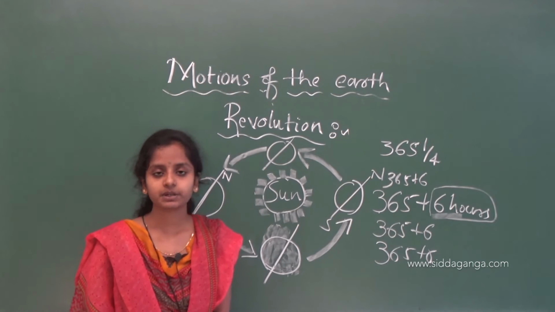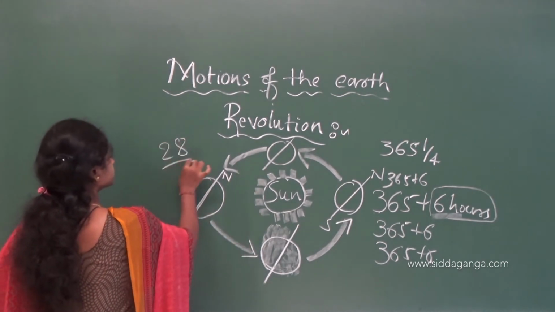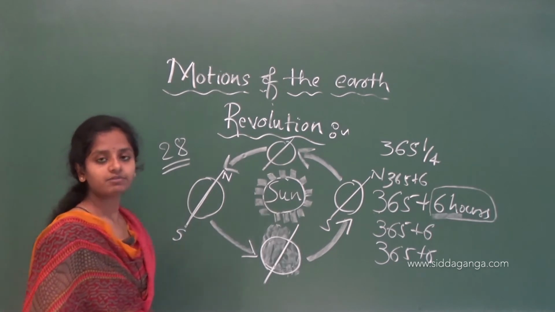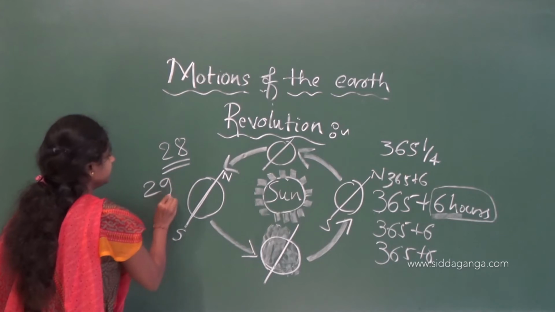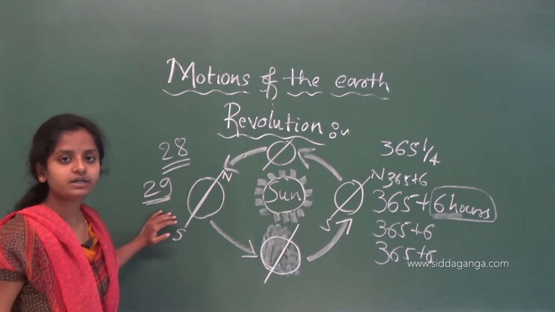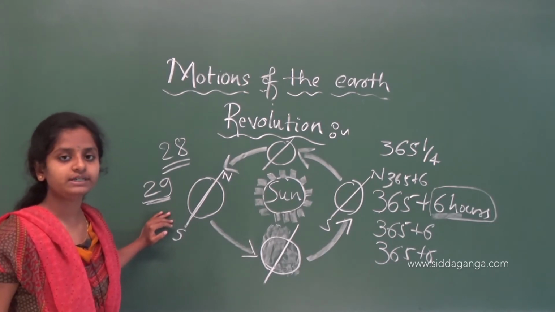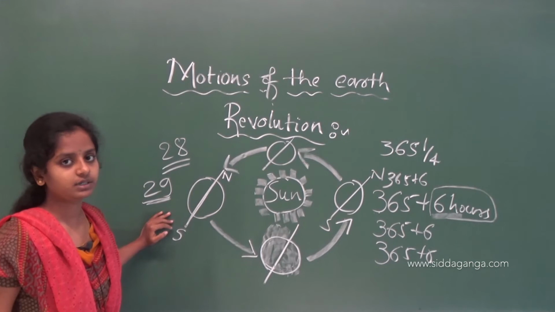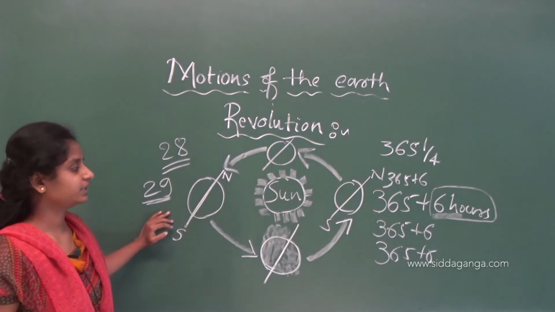Usually February will have 28 days, but after 4 years it will have 29 days. That year where we get one extra day in February, we call it a leap year.